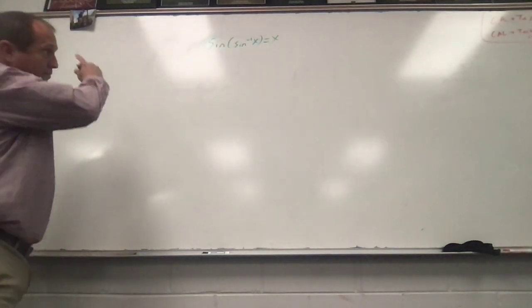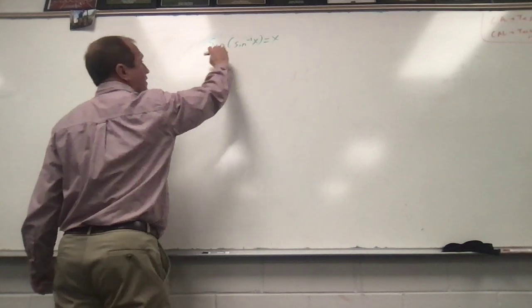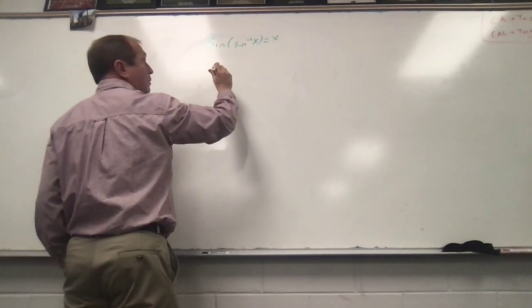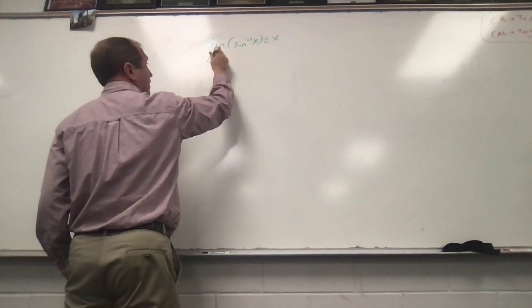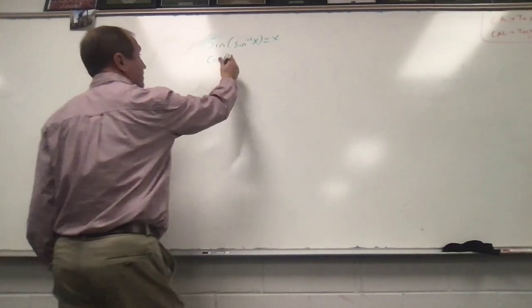Review the inverse derivative stuff. So if we take the derivative of this, what is the derivative of sine of an angle? Cosine. It's hard going back and forth from derivatives and antiderivatives, isn't it?